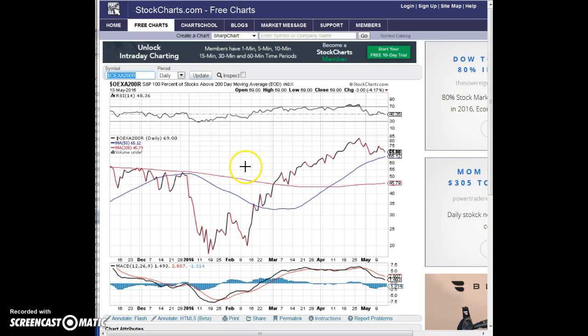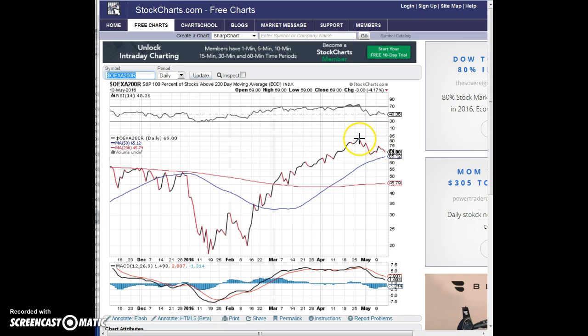You may recall that we looked at this chart some time ago from stockcharts.com. It is the percentage of stocks on the S&P 100 above the 200-day moving average. Right now it sits at 69%. On the other hand, we have this downtrend here.